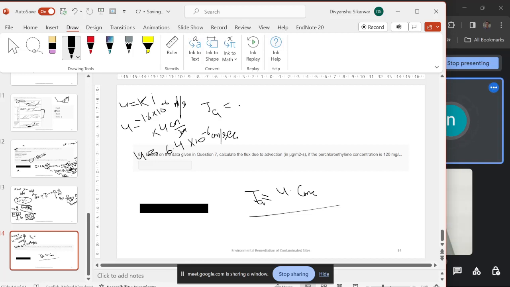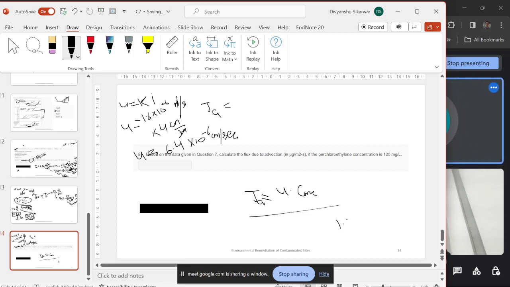See, but micrograms per meter square, I'm not getting, sir. Okay, no issue. What is the value you're getting? 1.92 into 10 to the power minus 6. Yes. Okay.